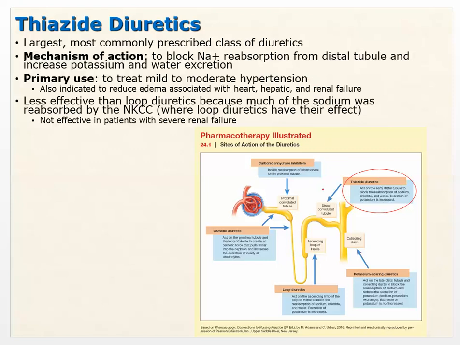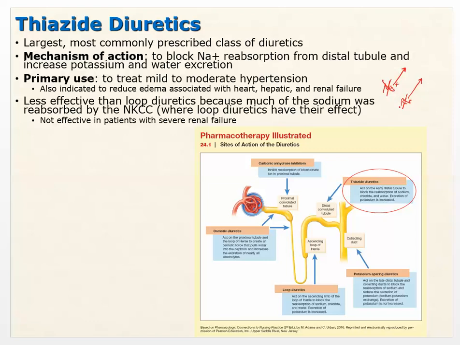What they do is, it's not really an exchange, it's not really a co-transport, but as sodium is reabsorbed, so is potassium. So these things kind of move together, sodium and potassium both. But when you block the reabsorption of sodium, you tend to also stop the reabsorption of potassium.